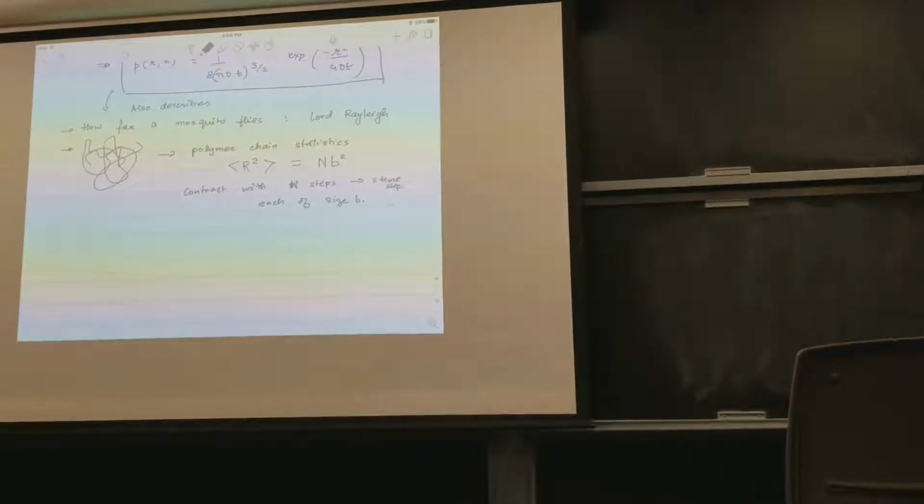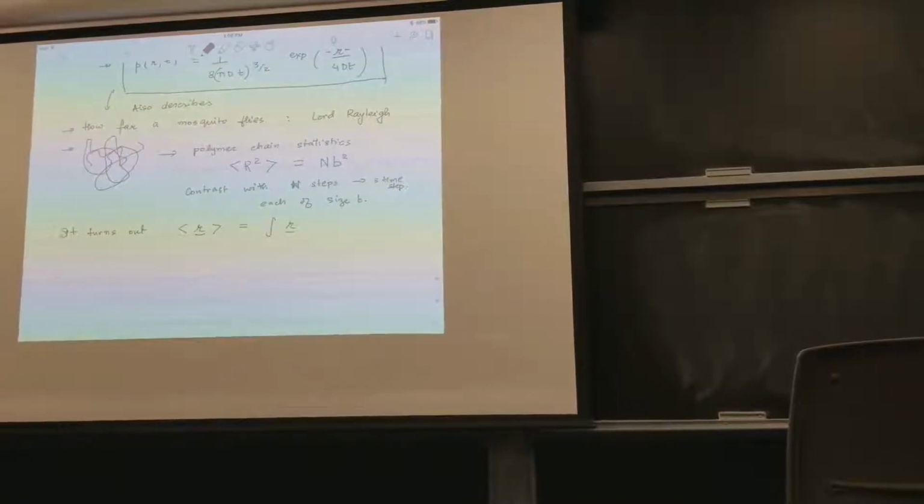Again, if I were to try to find the mean displacement, that's equal to 0. Mean square displacement, let's just look at the magnitudes, is equal to a well-defined quantity.